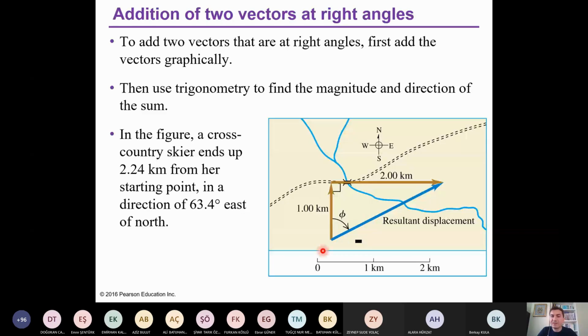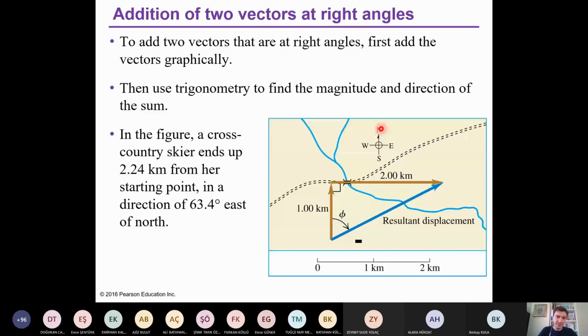Look at the sign here. This is the east, this is the north, and this displacement is something like this, between east and north, right? You can calculate which angle is between east and this resultant vector, or between north and this resultant vector.